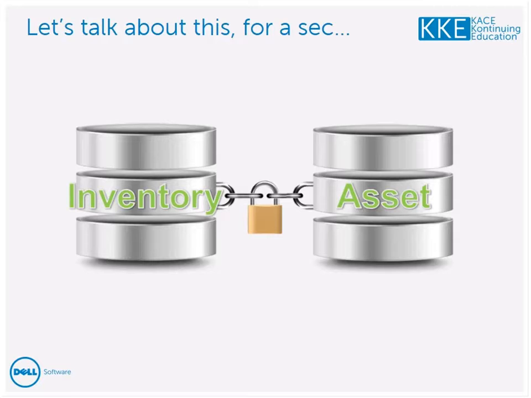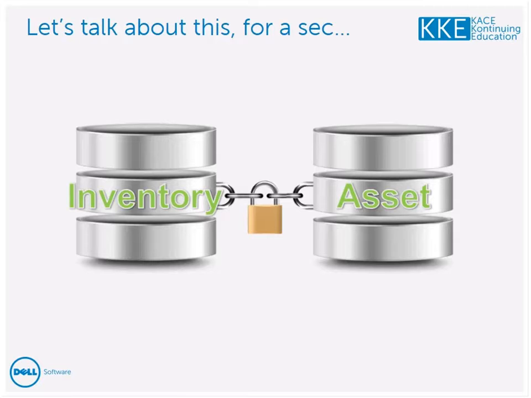But you may want to track things a little bit differently, because your normal desktop computers might have different fields that we might want to track compared to your routers, compared to your switches, compared to your tablets, compared to your printers and other devices that we might be pulling in agentlessly.